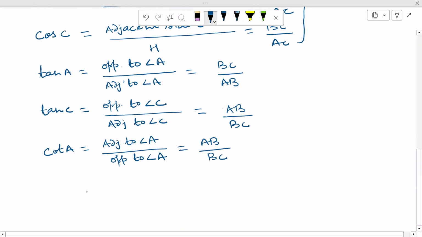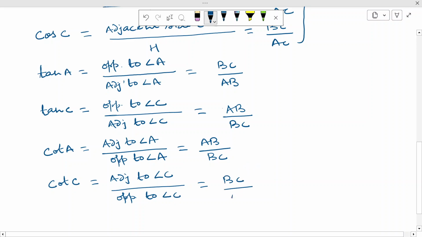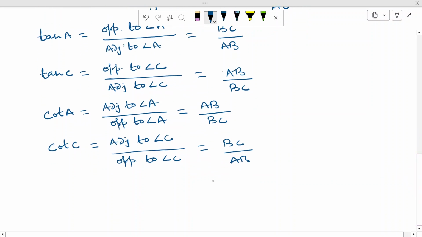Similarly, if you want to obtain the cot of angle C, we use the same approach: adjacent side to angle C divided by opposite side to angle C. So that will be BC over AB. So this is how we can obtain the cot.